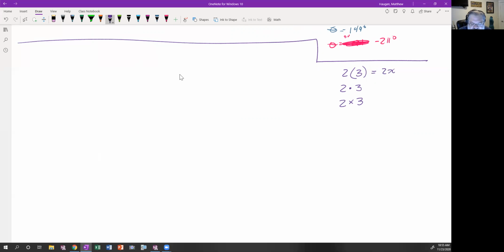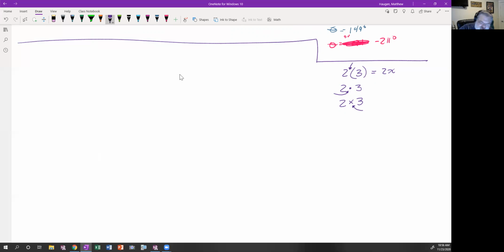If it was just 2x, you wouldn't have the parentheses there. The parentheses just stop it from looking like 23. But multiplication by juxtaposition, by just having them up against each other, multiplication implied by that dot, which is referred to as a dot product, and multiplication implied by this cross. It is not an X, it is a cross, technically, and referred to as the cross product.